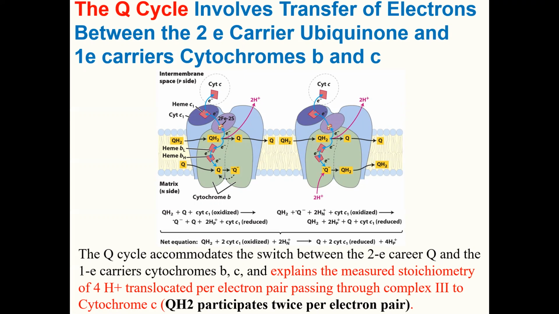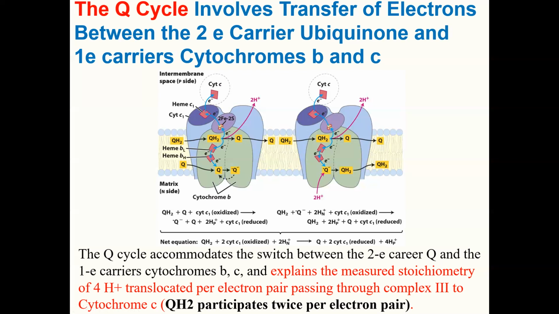So you take Q on the N side, and you transfer 1 electron to generate this radical anion. On the P side, you transfer 1 electron to cytochrome C. Now cytochrome C, remember, is only a one electron carrier.